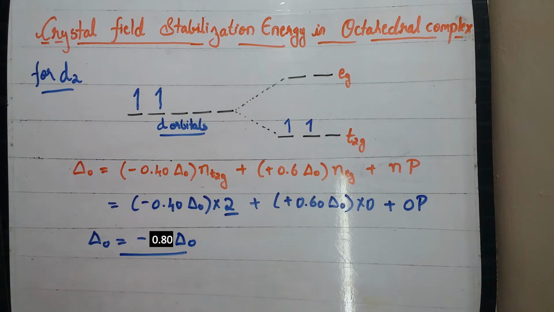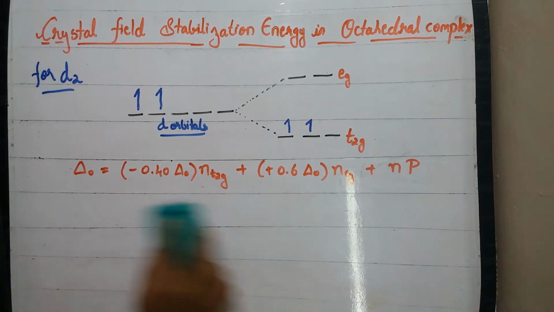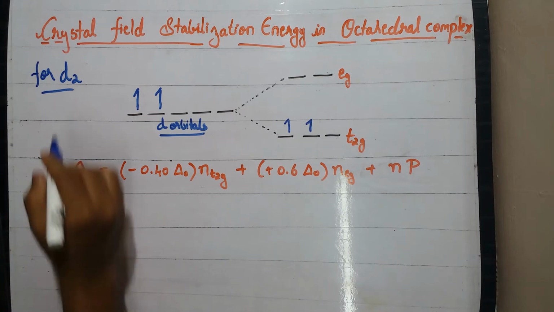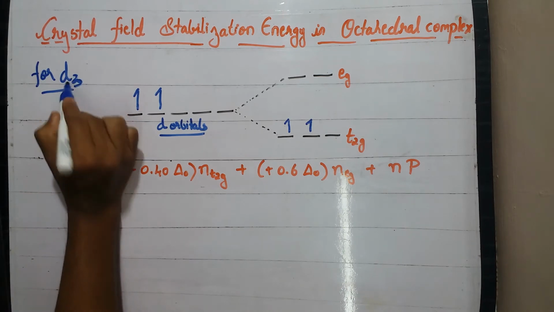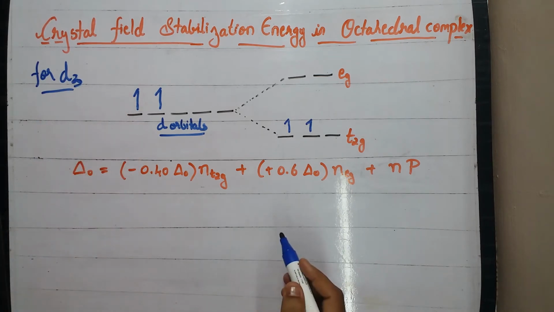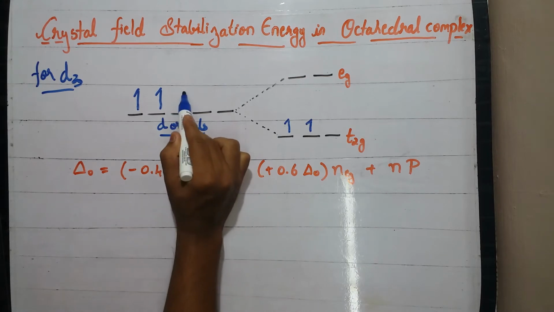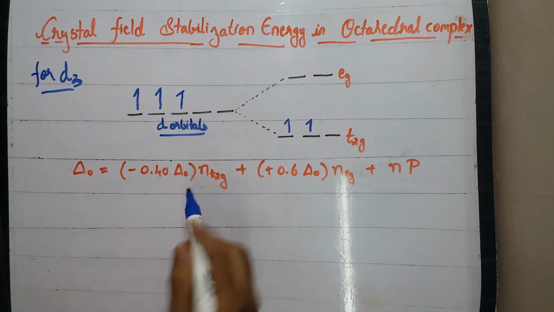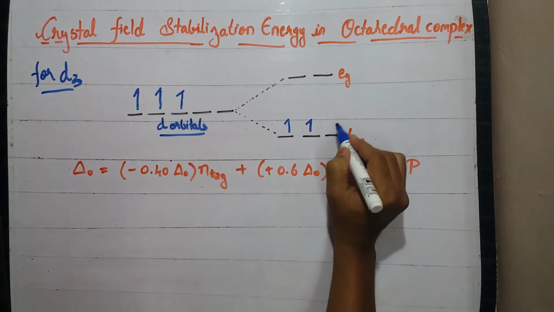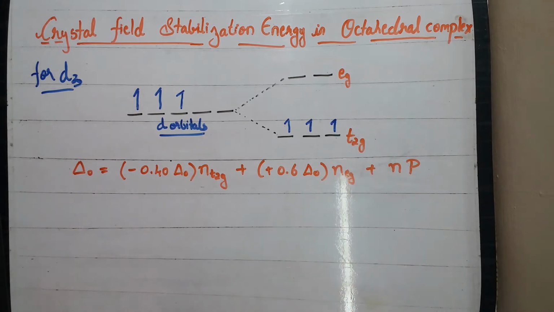Then the CFSE for the d2 system is 0.80 delta naught. So similarly for the d3 system, here another electron comes. So another electron gets filled in the T2g level.